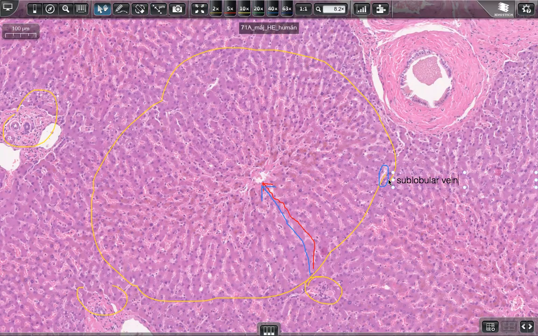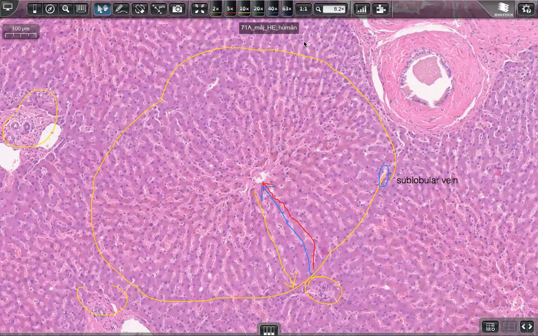But when we're talking about the bile secretion, the bile, that's the yellow, is secreted by the hepatocytes in the opposite direction. So among the hepatocytes, we have fine canaliculi carrying bile toward the interlobular ducts.